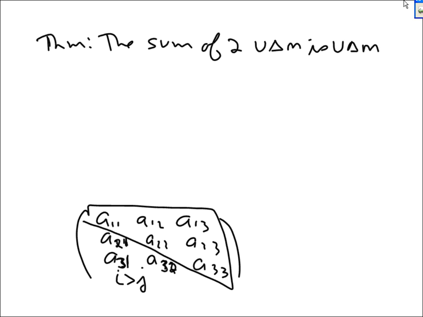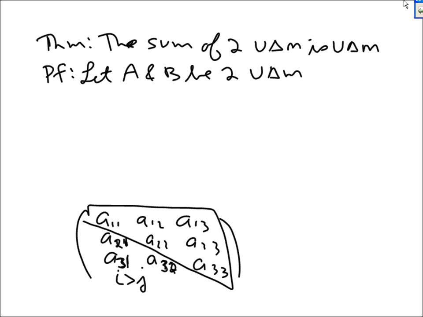If you add two of these type of matrices, you get the same one. You can say that they're closed. Okay, proof. Let A and B be two upper triangular matrices of size m by m. Need to say they're the same size, else I can't add them.